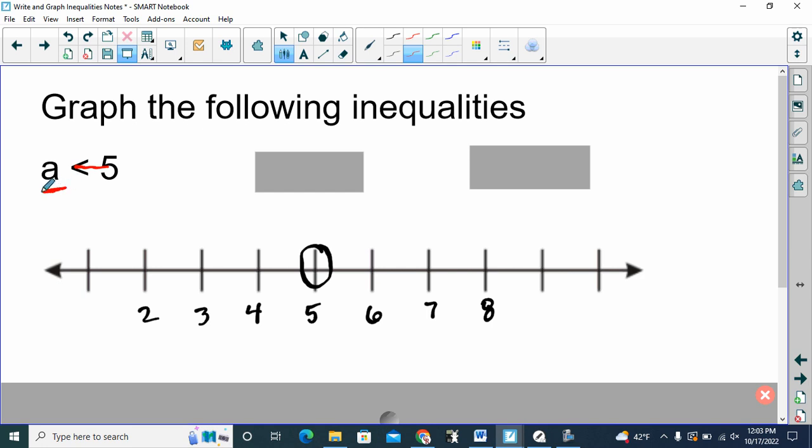If the variable does not come first, this is not correct. I would recommend one of the first two ways of understanding which way to shade. But if you remember this, and you remember to only do this if the variable comes first, notice that arrow is pointing to the left, which again tells me to shade left. So no matter which way we're doing it, our final answer should look like that.